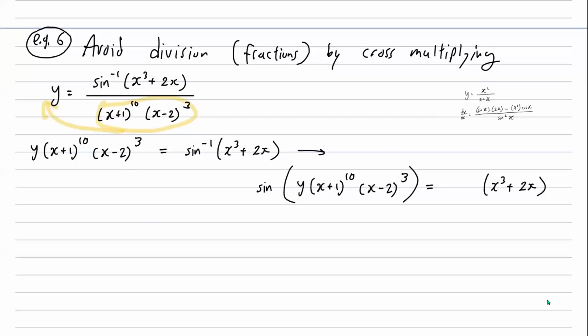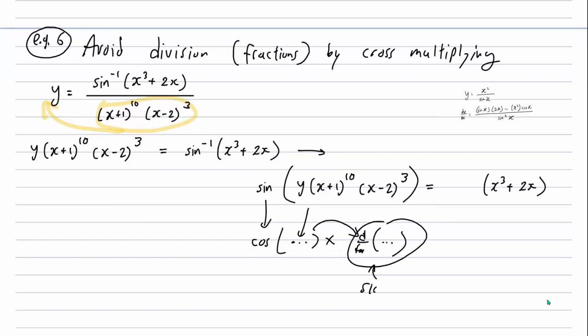But now that you have sine, it means you have to take a cosine, differentiate this, and you get cosine of the entire thing, and then times the derivative of the inner function, which will be very, very painful because this part here is slow. Right or not? Can you see?